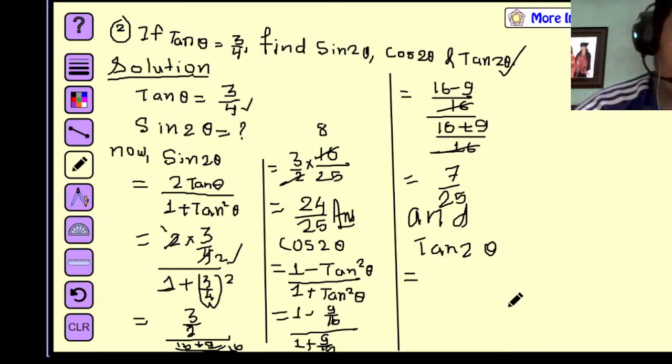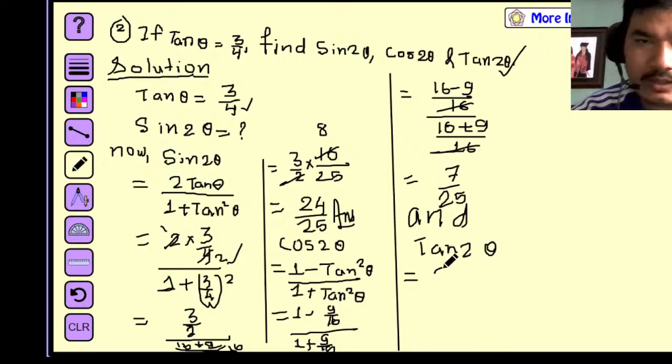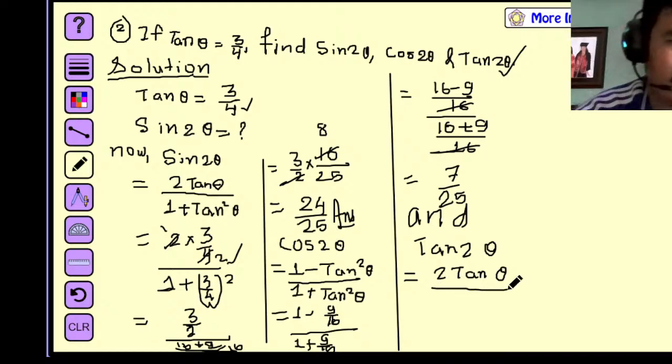Its formula is 2 tan theta in the numerator, and down will be 1 minus tan square theta, right?